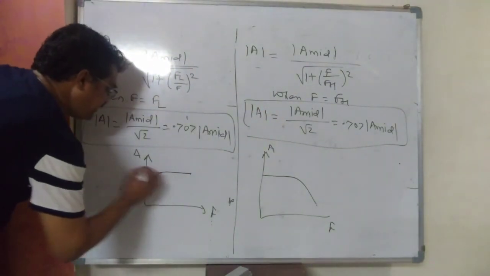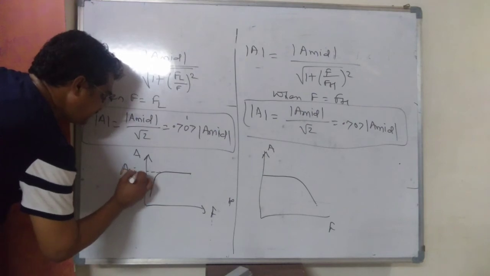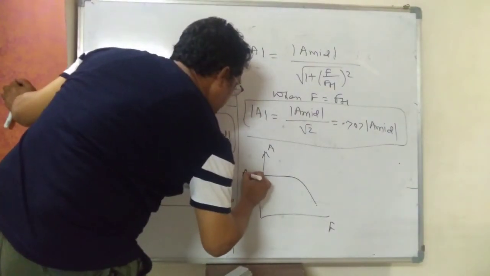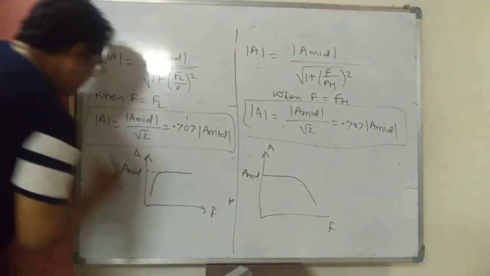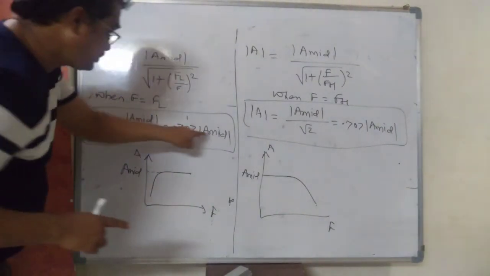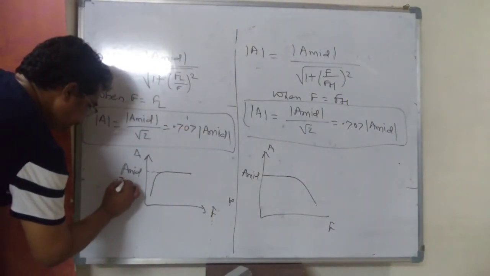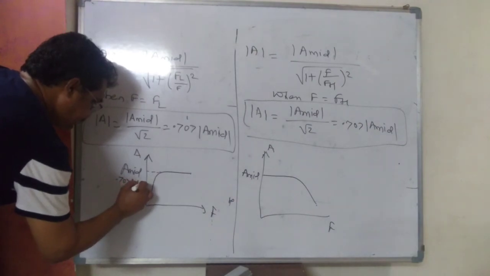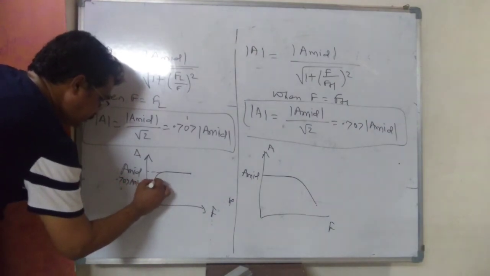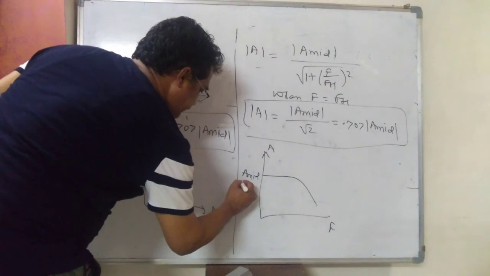This is the maximum gain. Maximum gain. 0.707 A mid. Point 0.707.